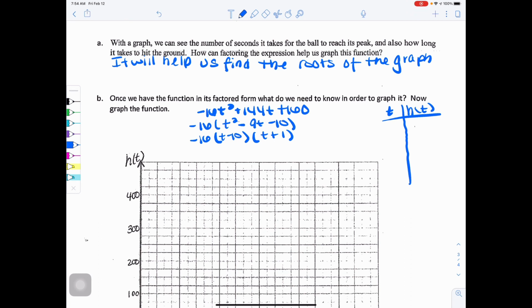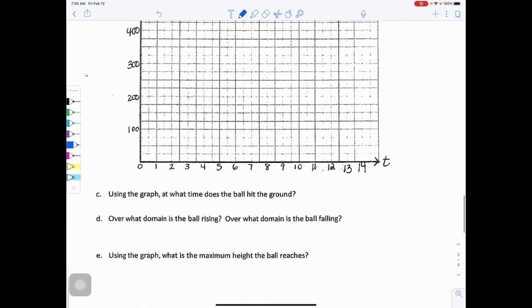And we can kind of use the same ideas that we used in the previous problem to start creating this table of values. I know that if I were to set this equal to 0 and find the roots, I'd be taking t minus 10 and equaling it to 0, and I'd be taking t plus 1 and equaling it to 0. So I'm actually going to come down here and do a little bit of the work.